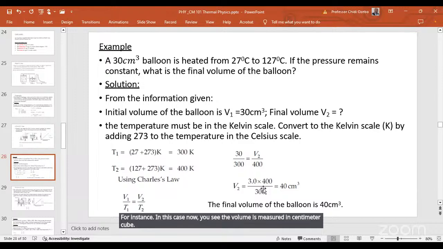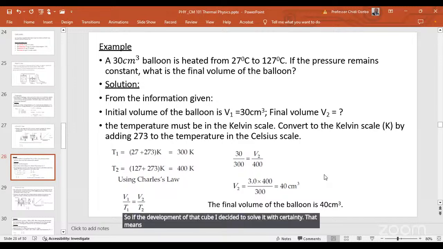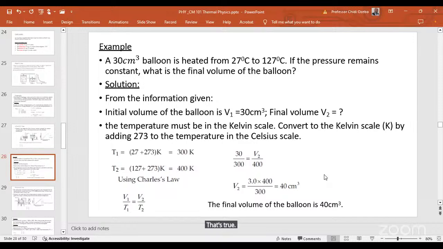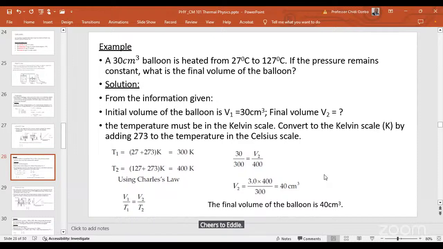If the volume is in centimeter cube here, and you decide to solve it with centimeter cube, your final volume will also be in centimeter cube. So there will be uniformity there. But if they ask you to leave your answer in meter cube, the implication is that when you solve here, you have to convert, or you convert here directly before solving.